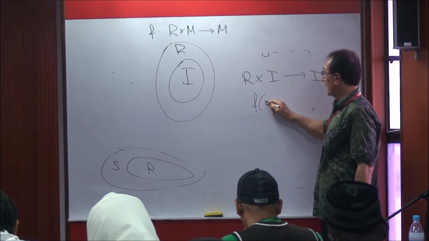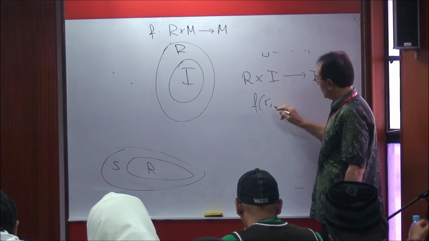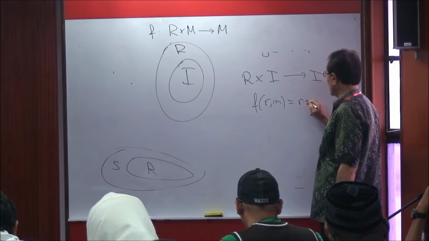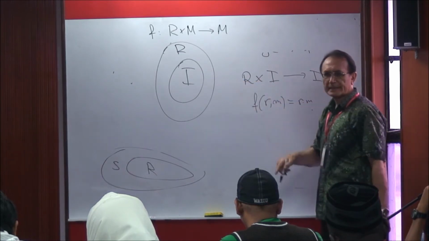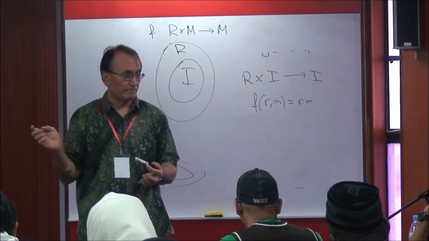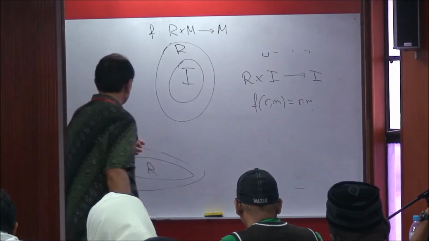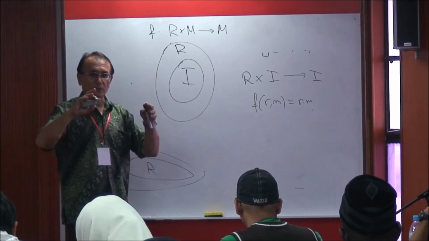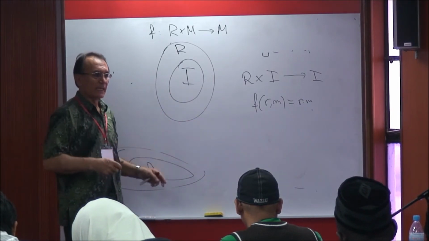F of (r, m) is just r times m, the product in R. Your function is given. In this case, your function is defined by the ring product.